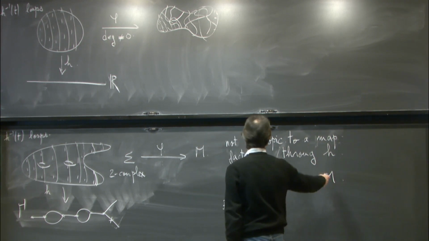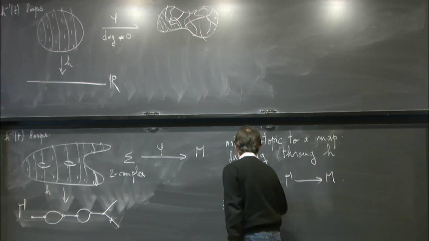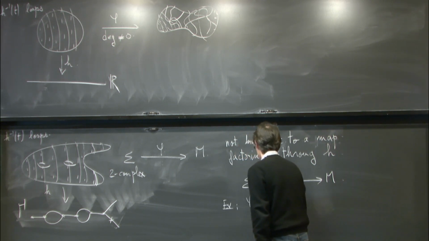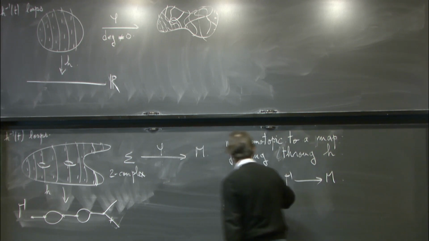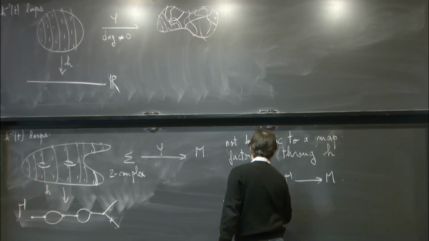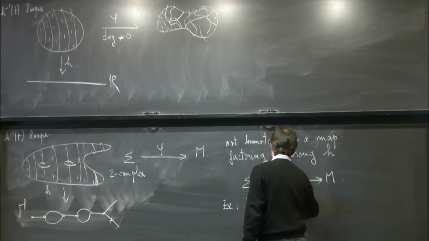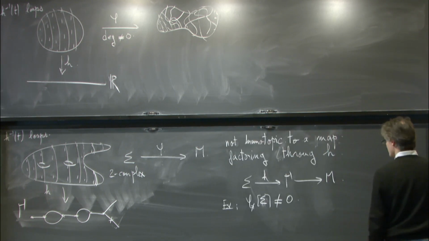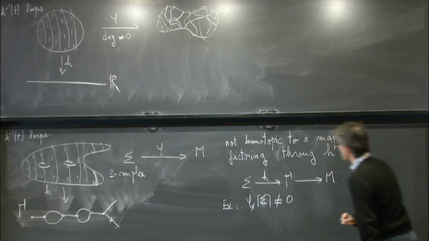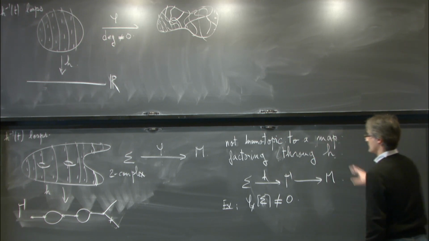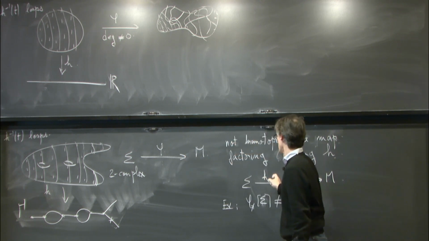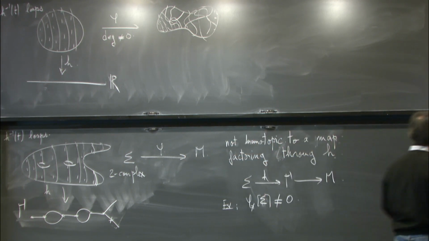for instance, if the image of M, of the fundamental class of M, say you have a surface, if this is non-zero, that's one way to ensure that you can't factorize your map like that up to homotopy.